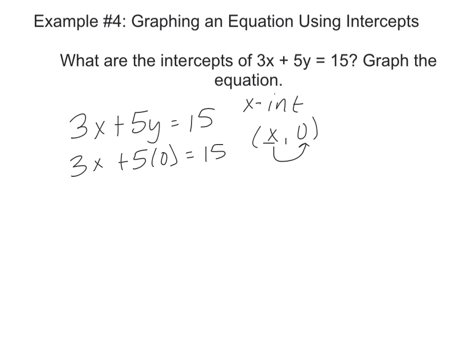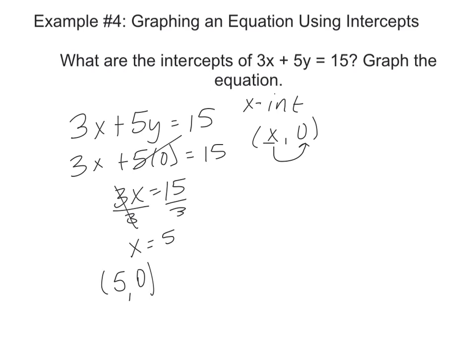We know that anytime you multiply a number by 0, it becomes 0, so let's just ignore it. And so now we have 3x equal to 15. To find my x, I would divide by 3, and x will equal 5. So our x-intercept would be 5, comma, 0.